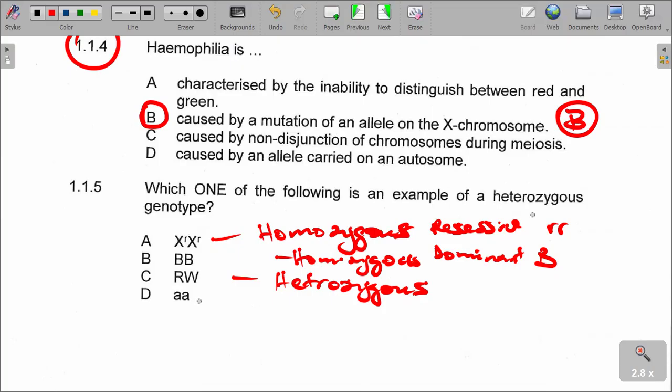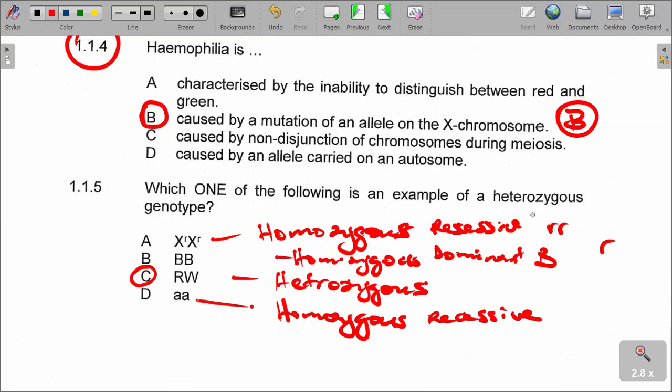And this one is homozygous recessive. So our answer in this case is C, which is heterozygous. In a heterozygous genotype, we have contrasting alleles that are joined together.